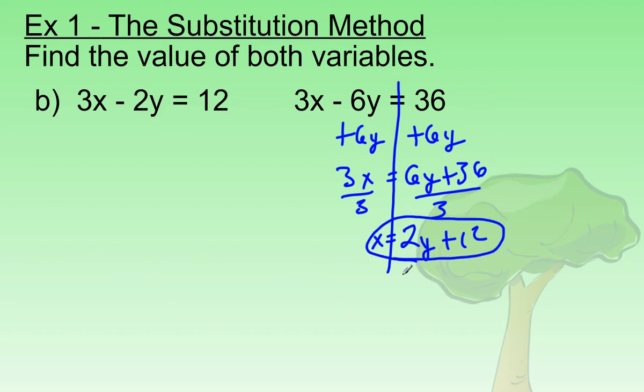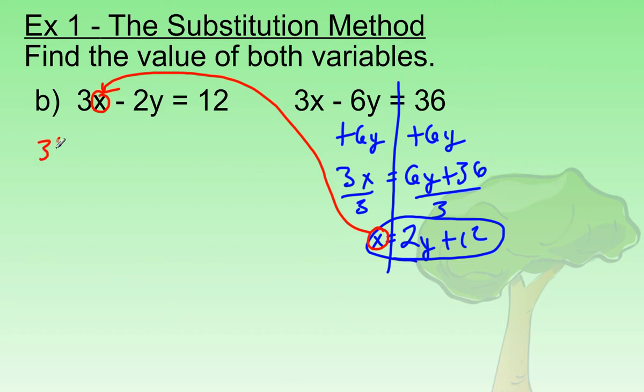Alright, so now I know that this x right here, which is the same as this x right here, is the same variable, x is equal to 2y plus 12. So if I plug in a 2y plus 12 right there, I'm going to have an equation with only one variable.